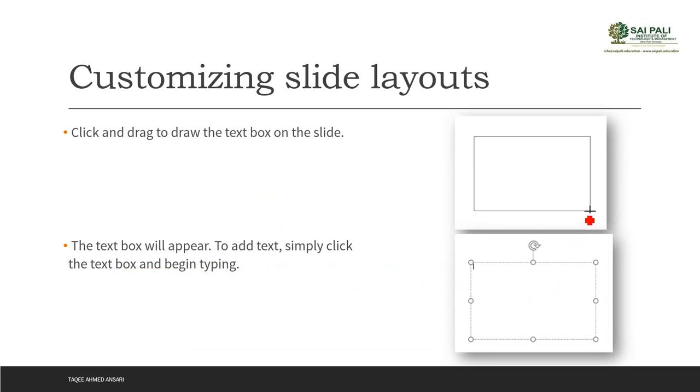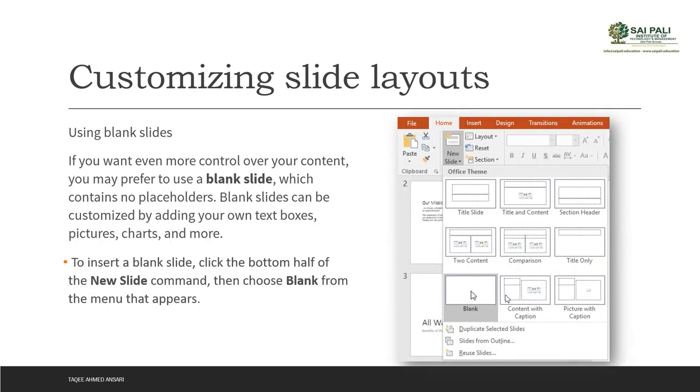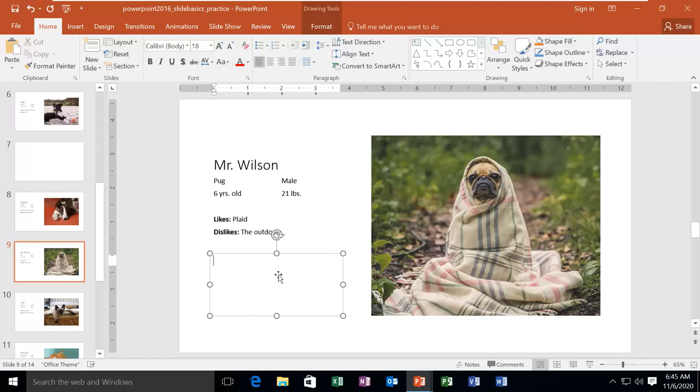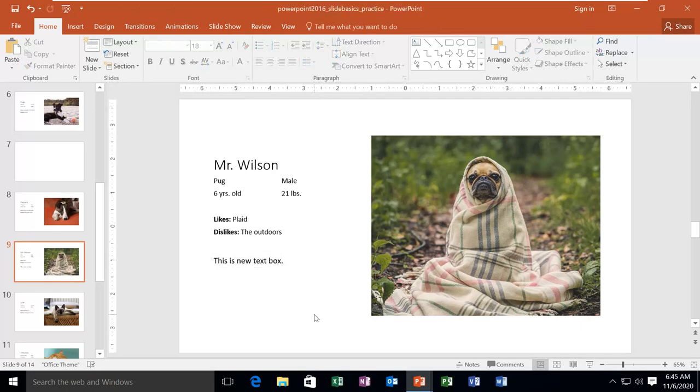So we can click it to drag it, and then we can add whatever we want, whatever you want to type, you can type there. So we have a new placeholder, a new text box here.